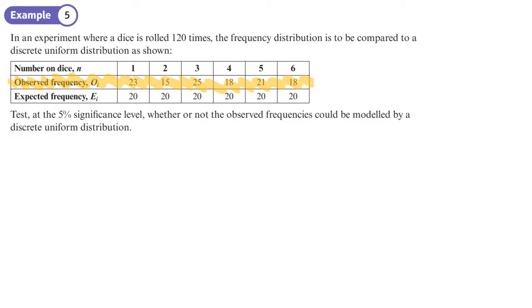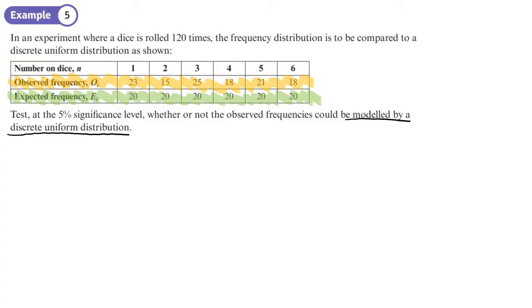It says test at the 5% significance level whether or not the observed frequencies could be modeled by a discrete uniform distribution. So the question is basically asking, are these observed frequencies close to a discrete uniform distribution?